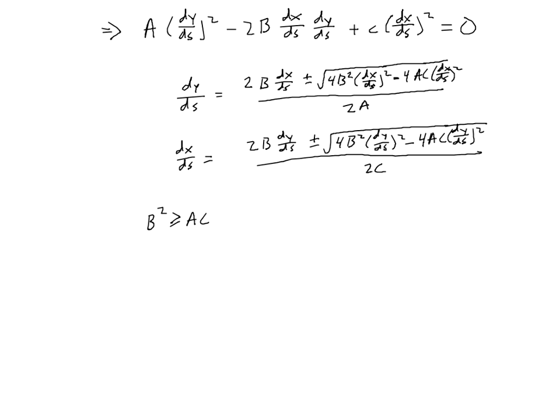Then since there's a 4 on both of these, and a dx/ds squared on both of these, if B squared is greater than AC, then you get a real number in this radical. And a real number in a radical means that this whole thing is going to be real. It's not going to be complex. And therefore, you can have real characteristics.